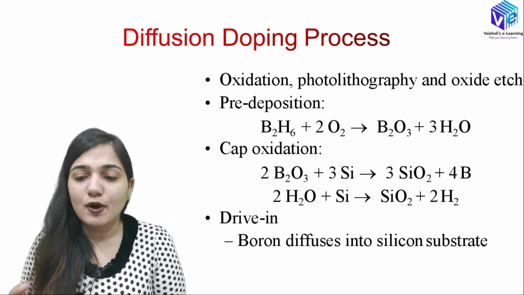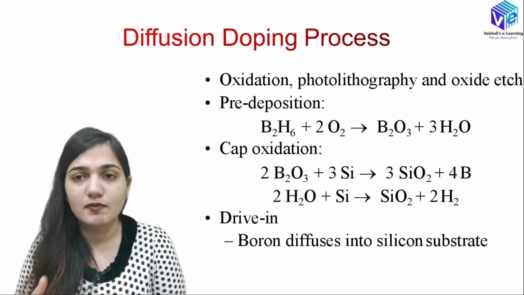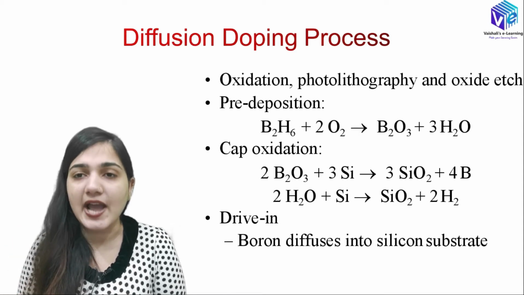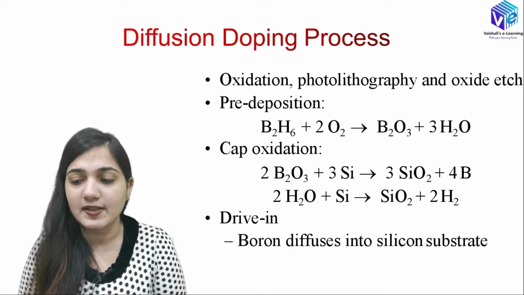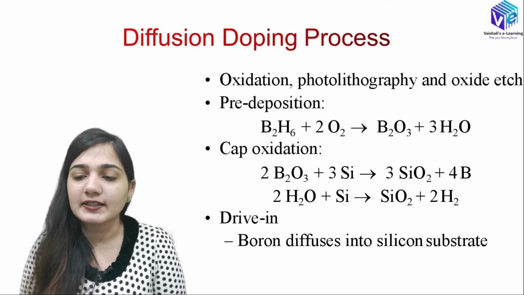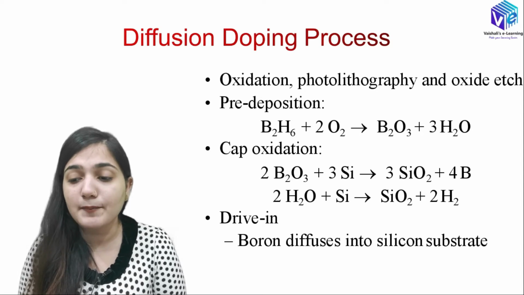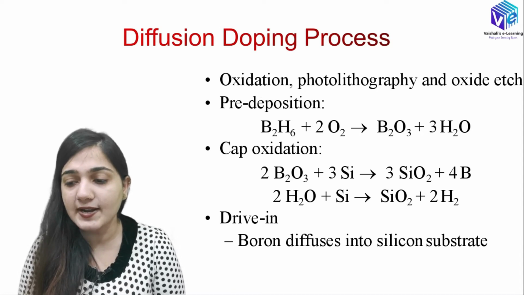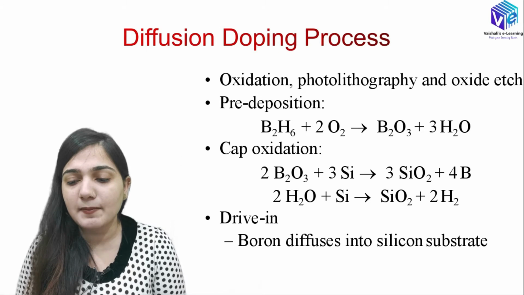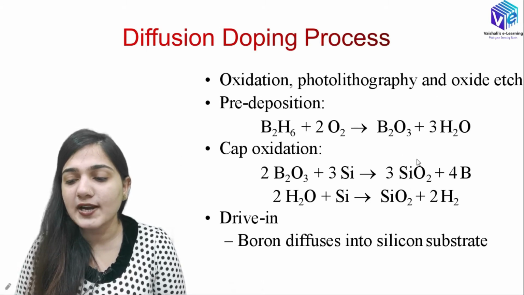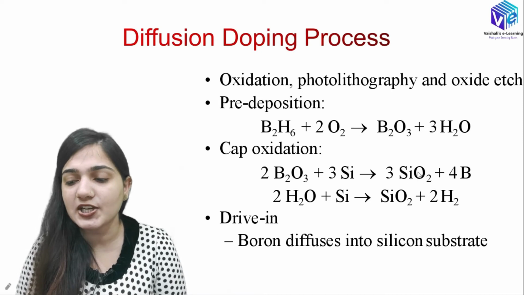Here we have the mask. With the mask we are doping in the particular region. We have various reactions here, like B2H6. B2H6 reacts with the oxygen atoms and forms B2O3, which is boron oxide, and this boron oxide reacts with the silicon and forms silicon dioxide, which is used as the cap oxidation layer.